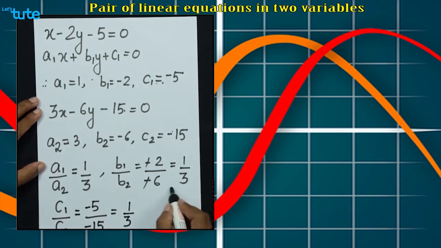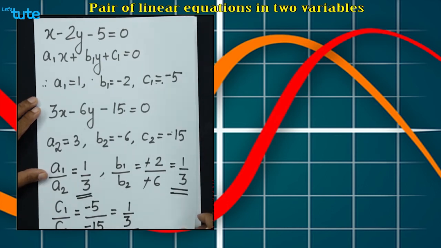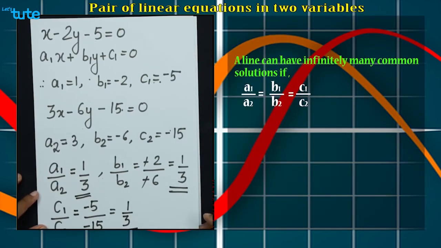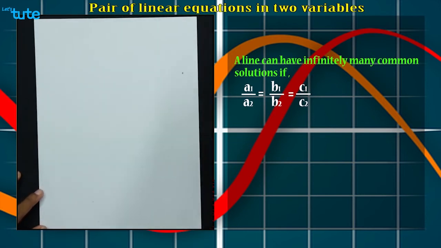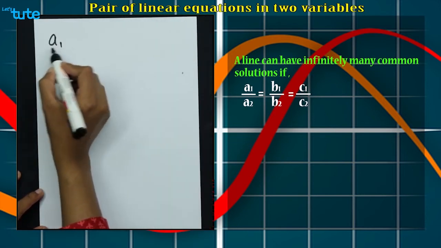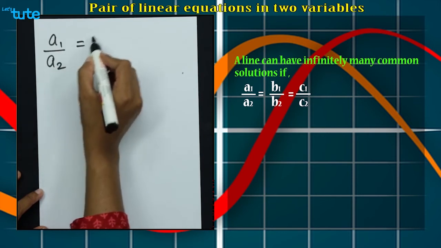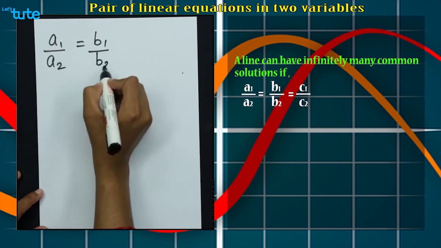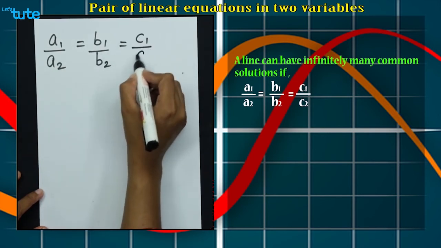What do we learn from all these three ratios? We see that a pair of lines can have infinitely many solutions if and only if a1 upon a2 is equal to b1 upon b2 is equal to c1 upon c2.